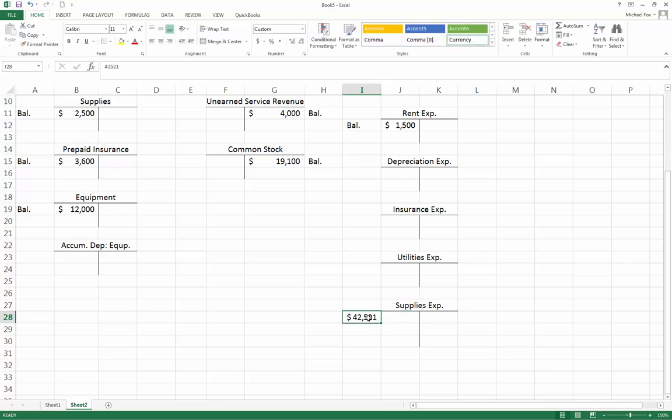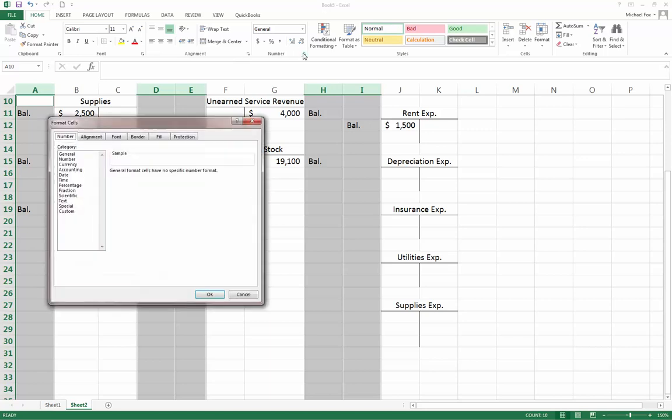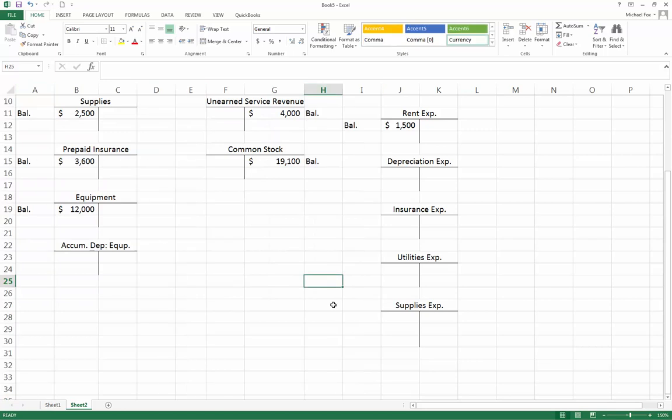Whoops. Oh, it still thinks those are dollars. My bad. Well, that's a hassle, but easily fixed. We will tell Excel that the format for these cells is going to be general, not dollars.